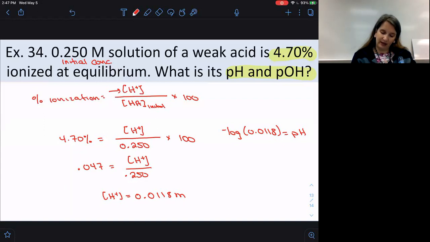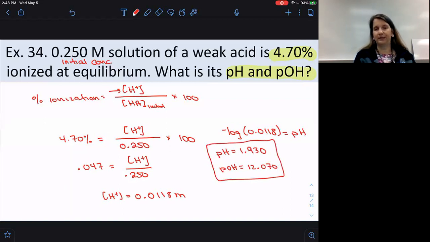So my pH with 3 sig figs is going to be 1.930. My pOH, so I'm going to subtract this from 14 to get my answer. My pOH is going to be 12.070. So we just had to do a little backwards work there.